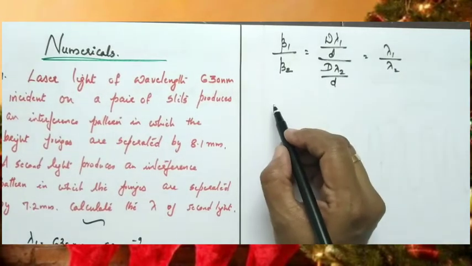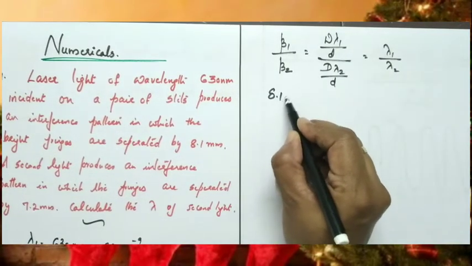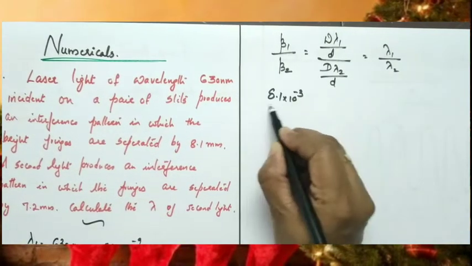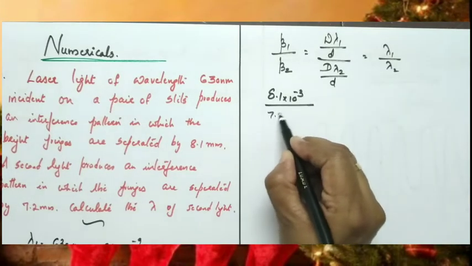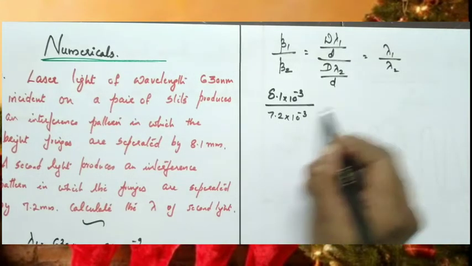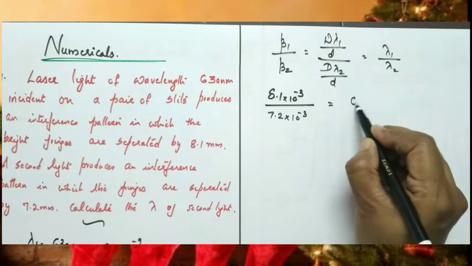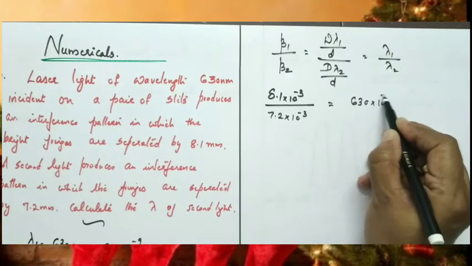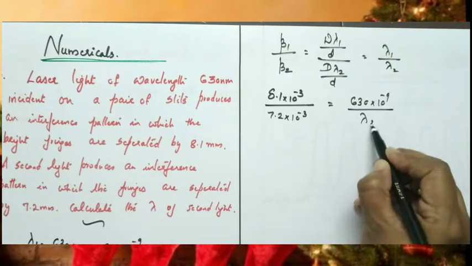Substitute the values. Beta 1 is 8.1 into 10 raised to minus 3. Beta 2 is 7.2 into 10 raised to minus 3. Lambda 1 is 630 into 10 raised to minus 9. Lambda 2 we have to find out.